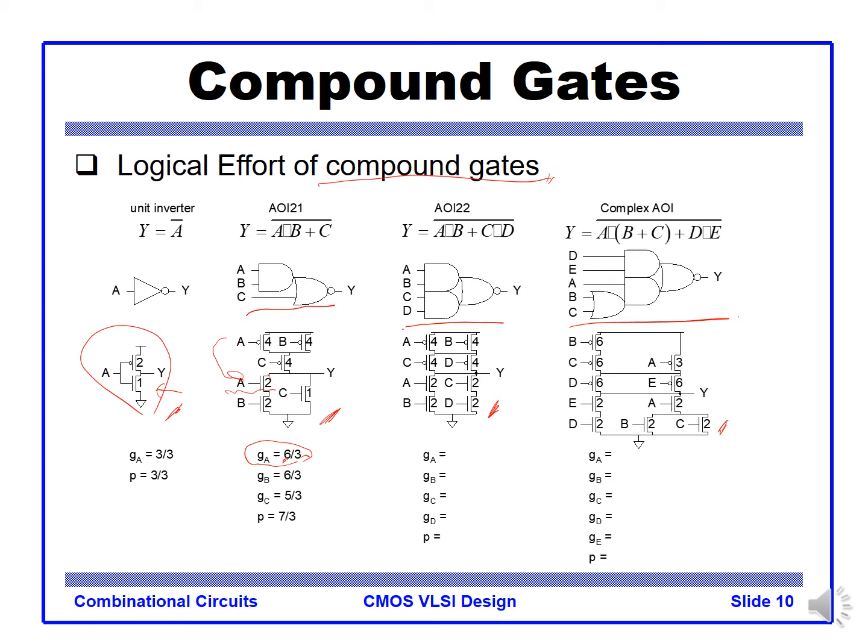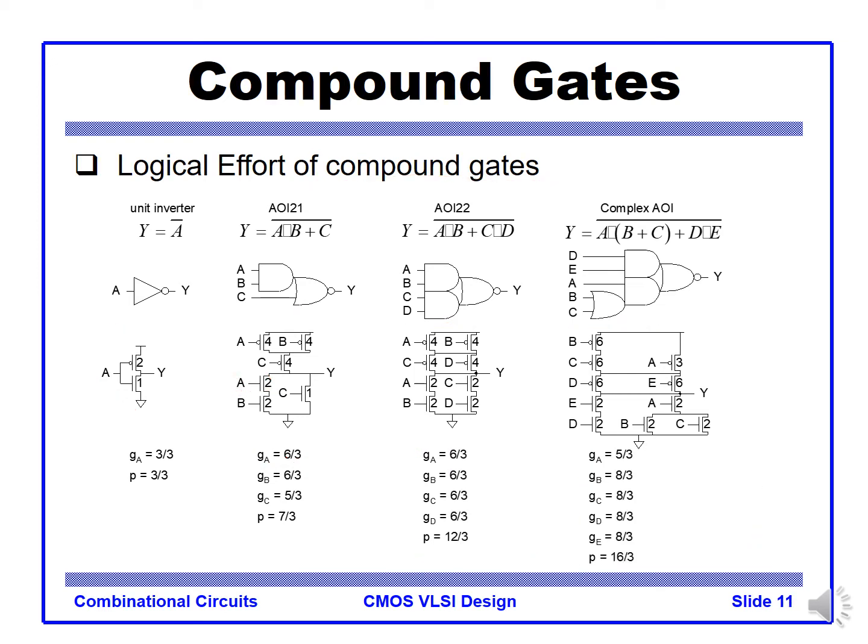We can similarly find the logical effort for all the other inputs shown here. So once you complete the compound gate, you can calculate the logical effort as shown there, right?